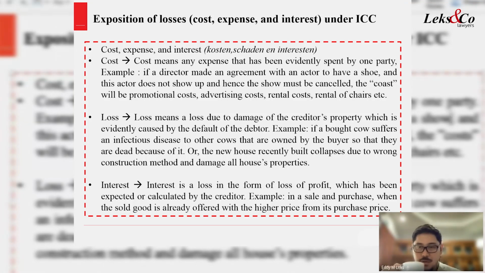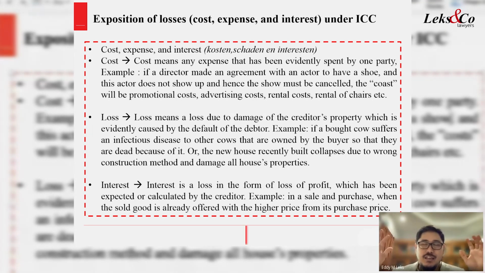Okay. Let's see it like this. So the cost is the actual money you spend, right? But the loss is not the actual money you spent. It's other than that. It's something else.